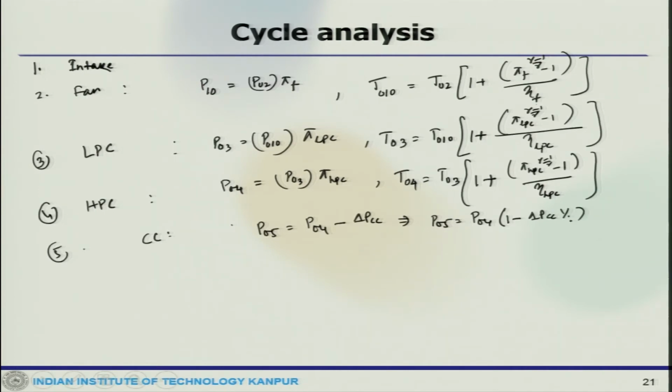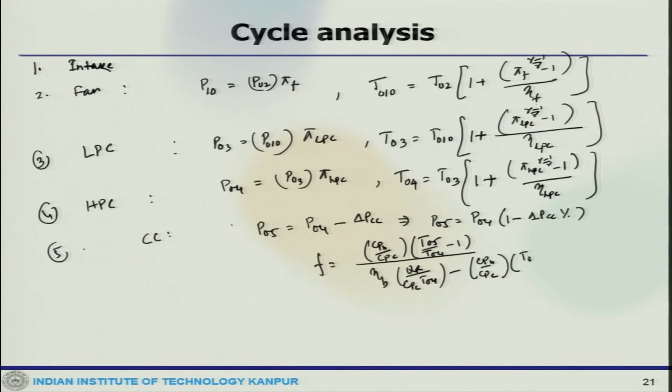Now, the temperature at the outlet of the combustion chamber is also the inlet to the turbine, and that will dictate the other constraint: Cph by Cpc T naught 5 by T naught 4 minus 1 equals eta b Qr by Cpc T naught 4 minus Cph by Cpc T naught 5 by T naught 4. This again we get from the energy balance. Then we go to the HPT.